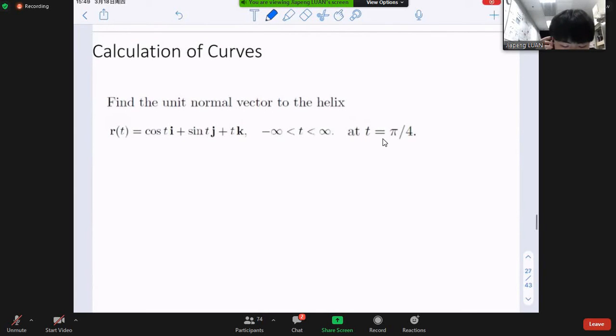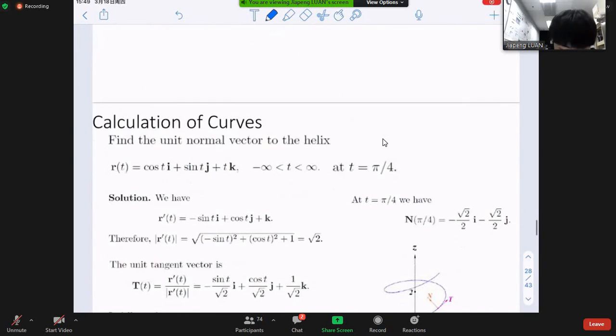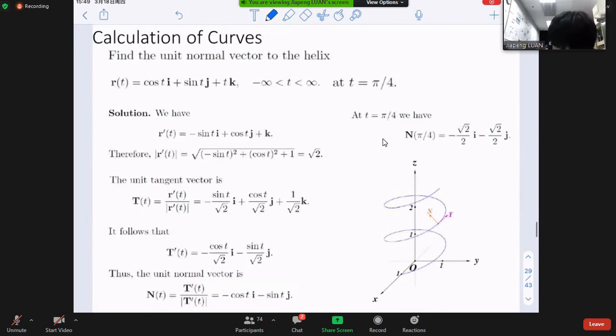Okay, for this question, you need to see it clearly. He wants you to calculate the unit normal vector, not unit tangent vector. So this is the thing that you need to see clearly. So what is a unit normal vector? Actually, the unit normal vector is the unit tangent vector of the unit tangent vector of this equation.